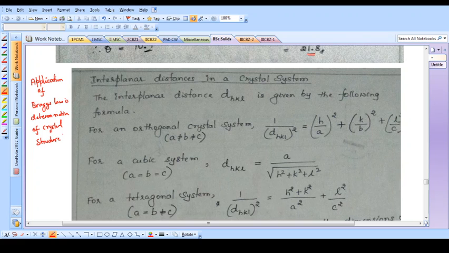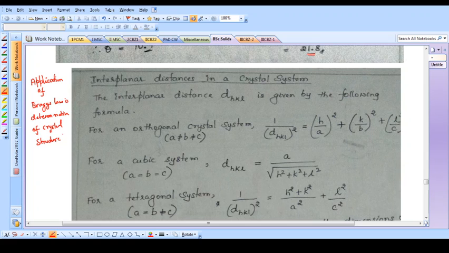What do you mean by crystal structure? Determination of crystal structure means finding out what the crystal is made up of, that is the chemical constituent of the sample, and how the constituent particles of the crystals are arranged.